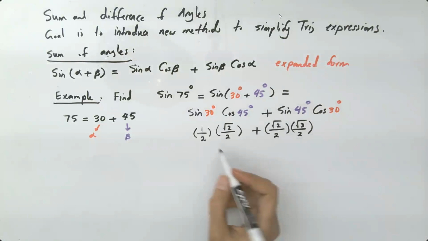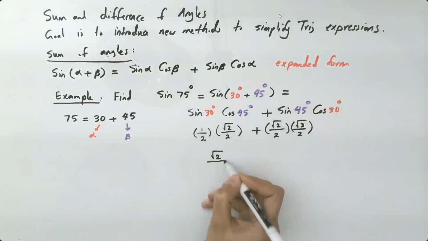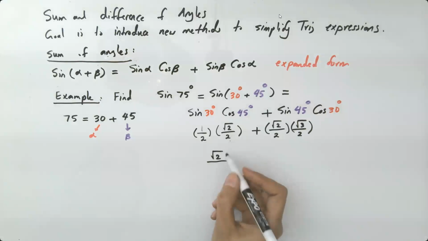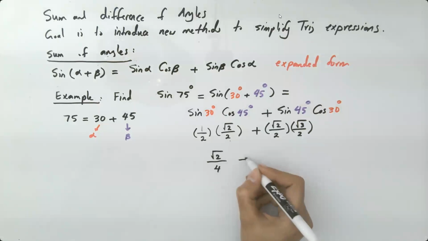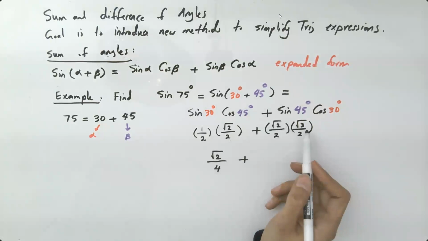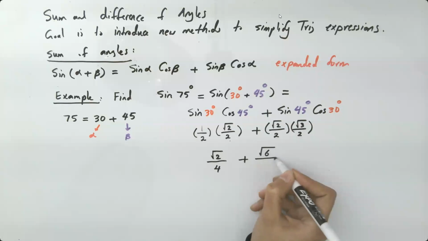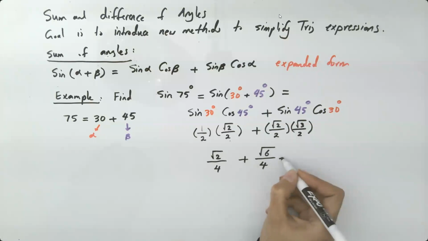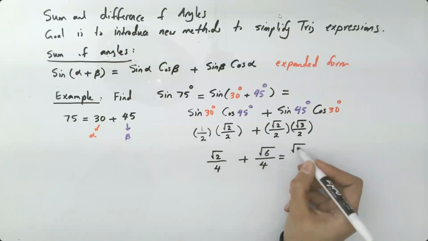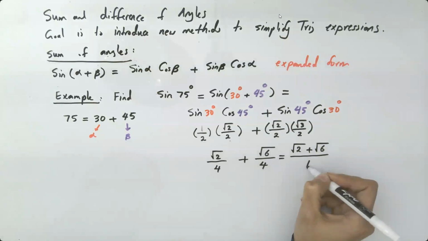Now, basic algebra, you multiply the numerators, get square root of 2 divided by, you multiply the denominators, 4, plus you multiply square root of 2 and square root of 3, which gives you square root of 6 divided by 4. Here you can write this as square root of 2 plus square root of 6 divided by 4.